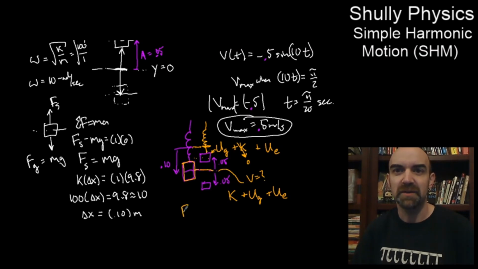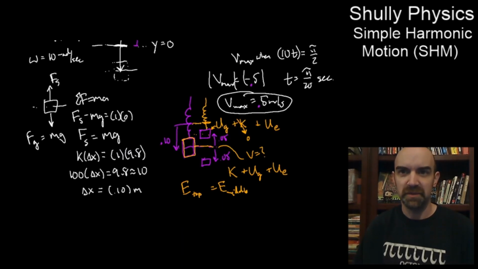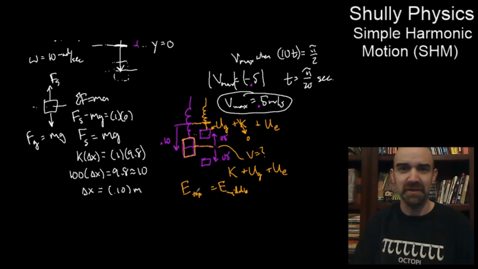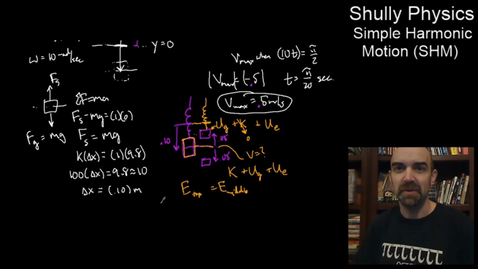Now, if we consider the energy at the top to the energy in the middle of that motion, this is just another way to solve a scenario like this. What is the velocity in the middle? The energy at the top is composed of gravitational potential energy and elastic potential energy.